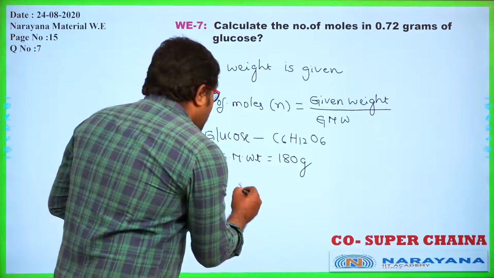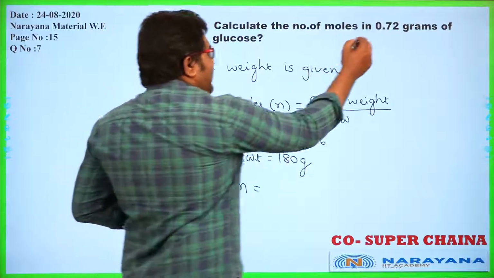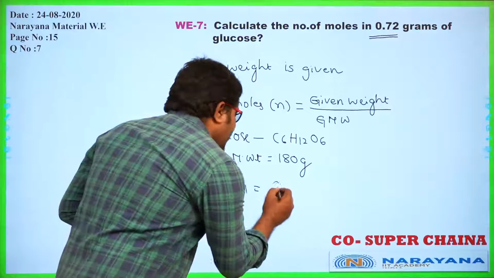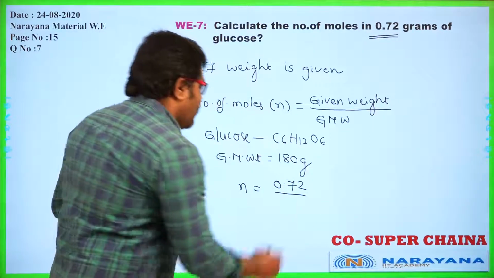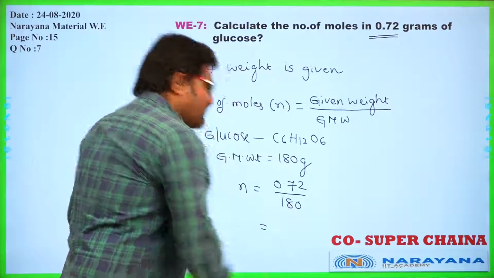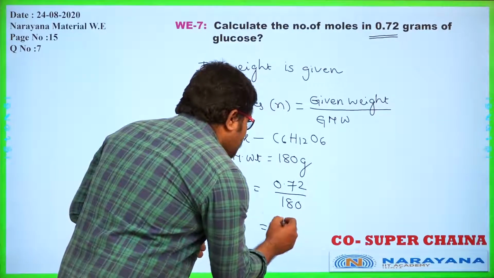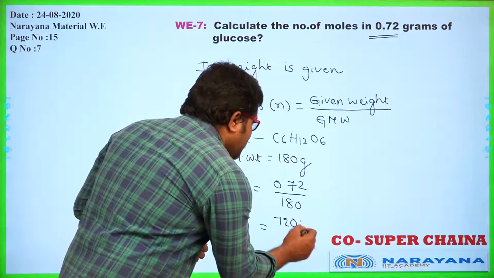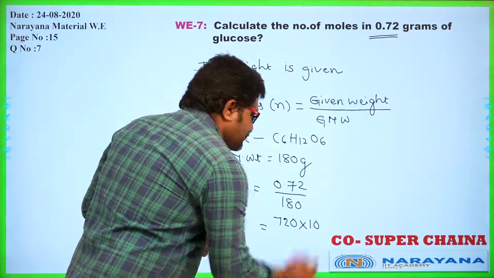Now, number of moles n is equal to given weight, which here is 0.72 grams, divided by 180. For easy calculation, I can write this as 720 into 10 power minus 3.